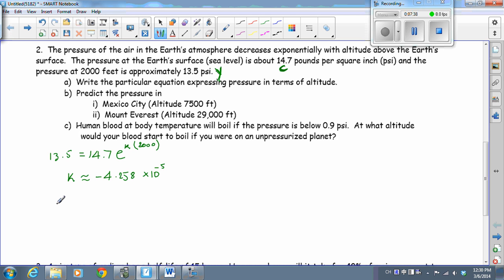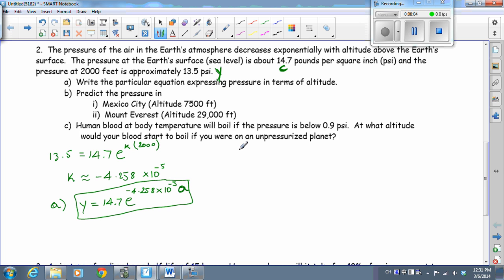With this, you'll be able to write, therefore, for A, y is equal to 14.7 e to the power of negative 4.258 times 10 to the power of negative 5 A. So this is my equation.